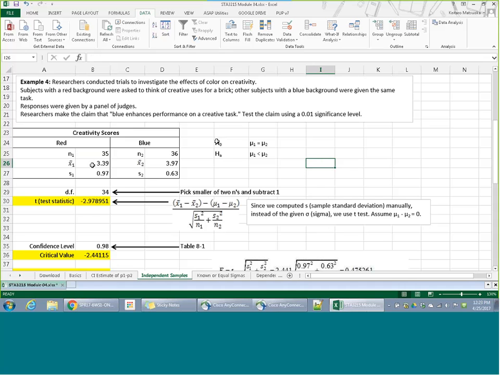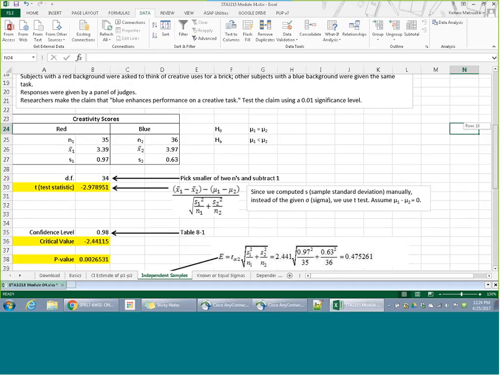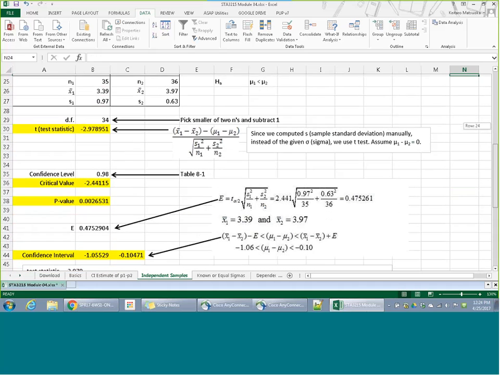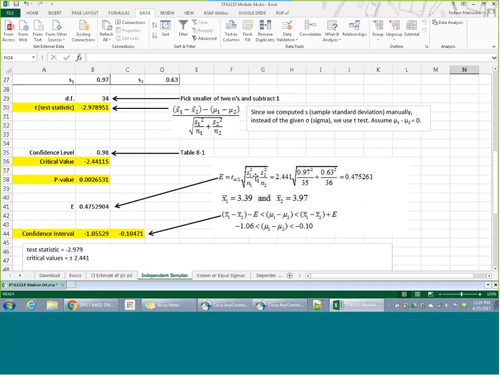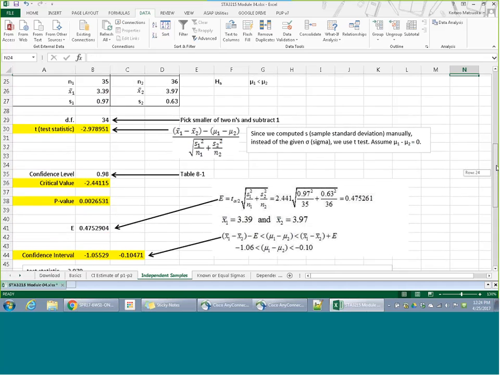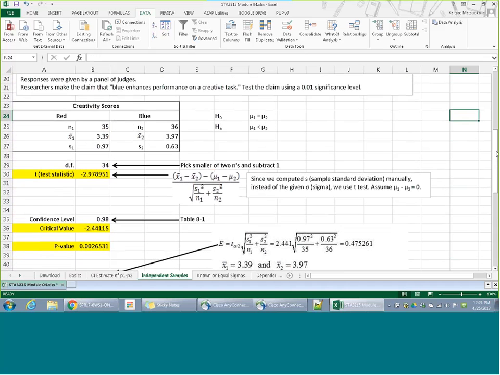So we are thinking the creativity score will be less for red compared to the score of blue. All right, so then we're going to be using T. And if it's T, now you know it uses degrees of freedom.